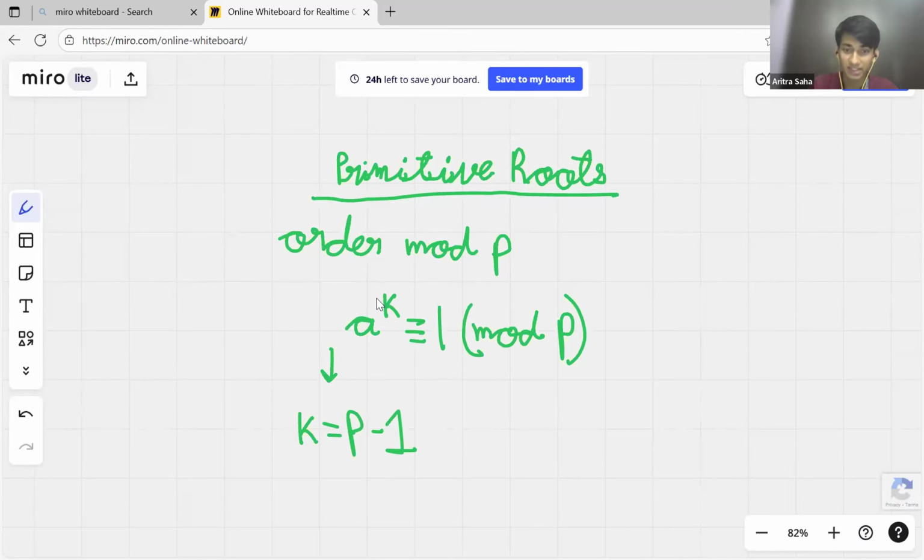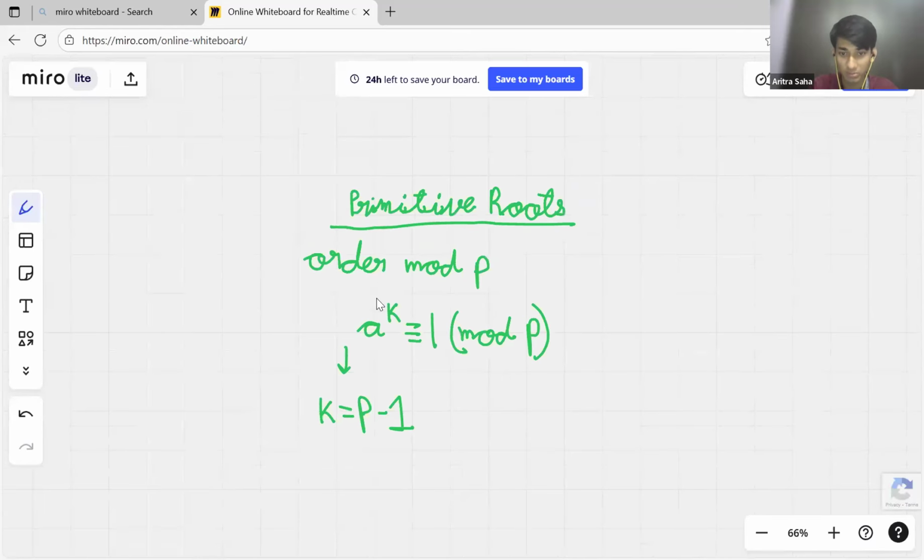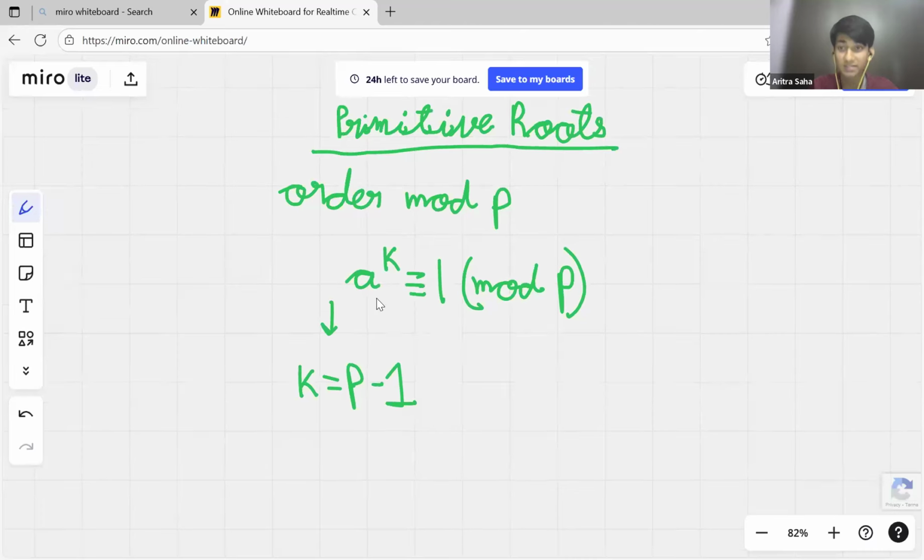Like for Fermat's little theorem, we already know a to the power p minus 1 is 1 mod p, but in this case it also becomes the least integer. So for those a's, we'll call these numbers primitive roots modulo p. Any issue with the definition?